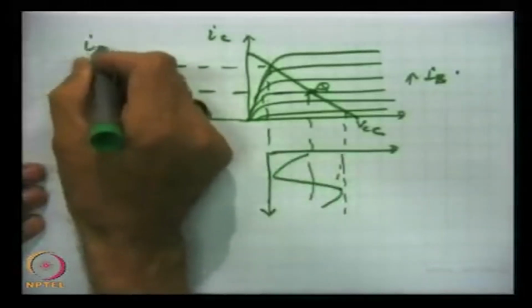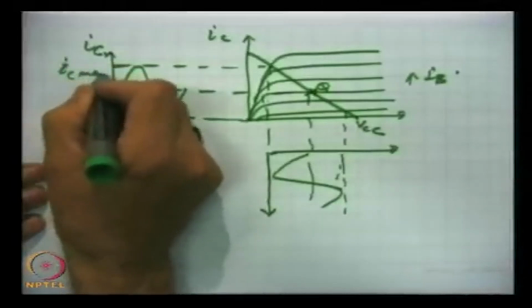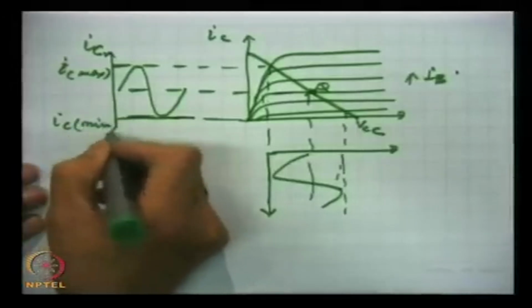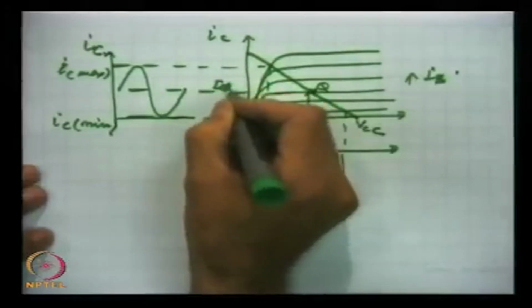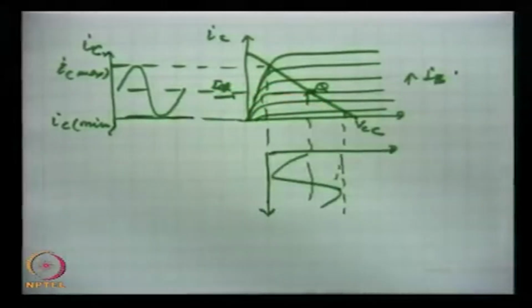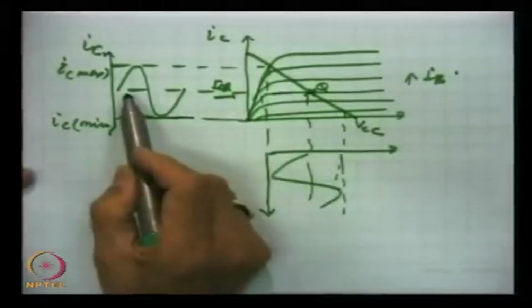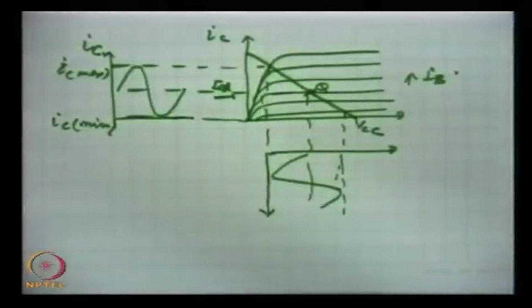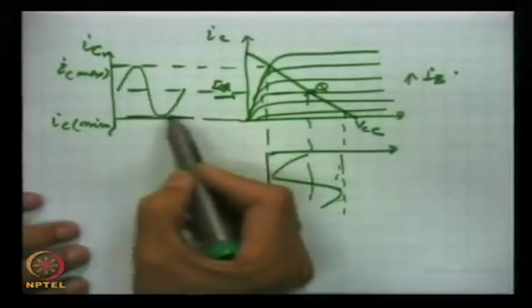This is IC maximum, this is IC minimum, and this is ICQ. Across this DC current, the current and voltages will swing because of the AC operation, and this voltage varies and current varies.